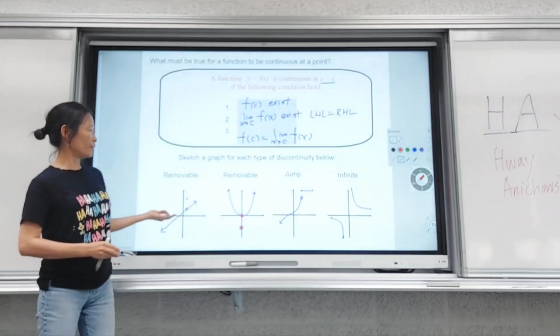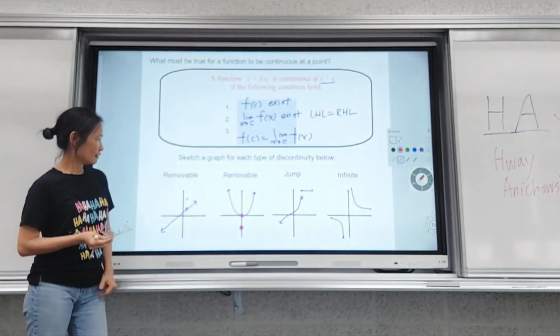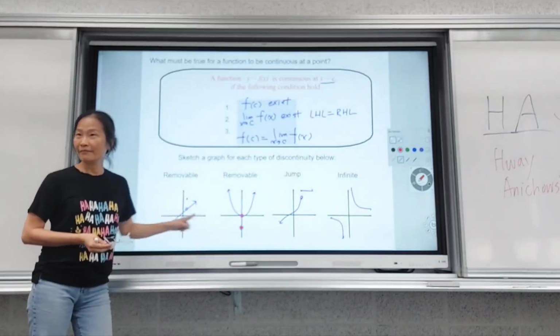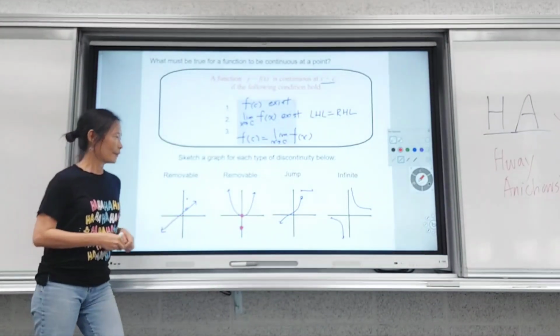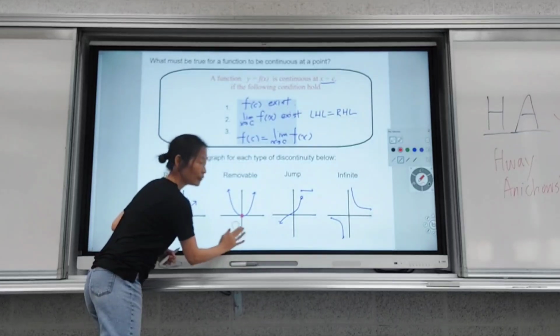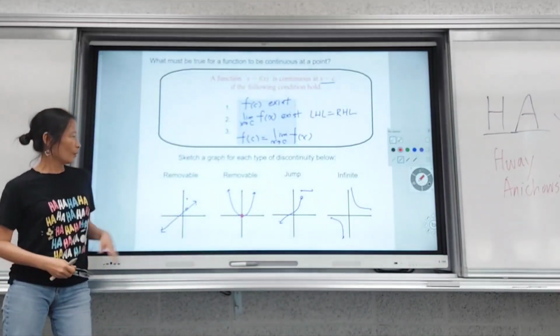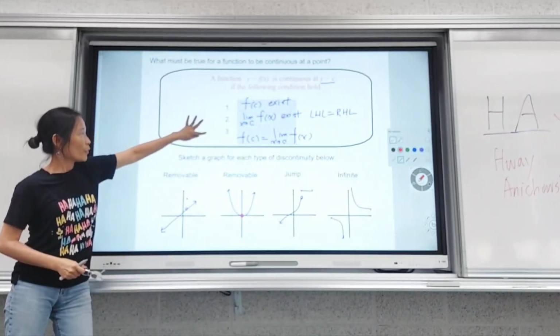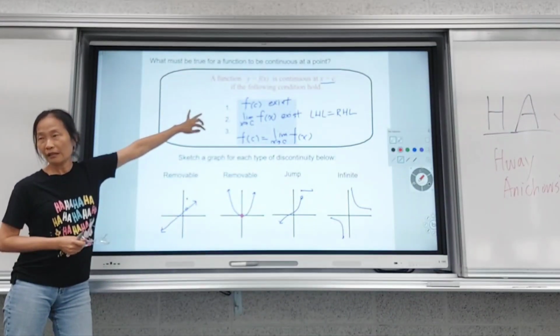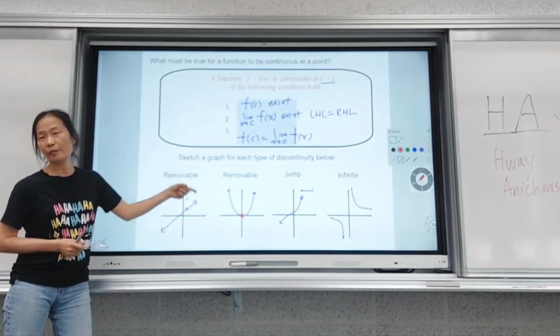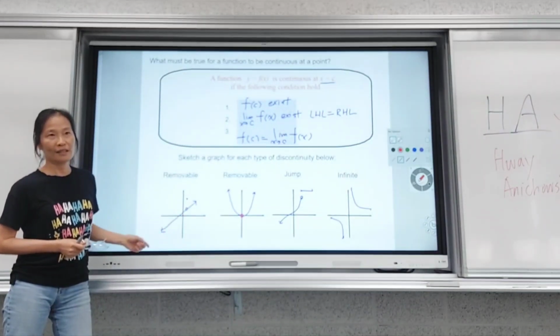Excellent. So now, I don't know what your graphs look like, but can you use those three conditions to tell me for each graph which one fails? Oh, these two are actually the same, so I'm going to remove that one. And these are different, right? So, 1, 2, 3, which condition failed for the first removable discontinuity?